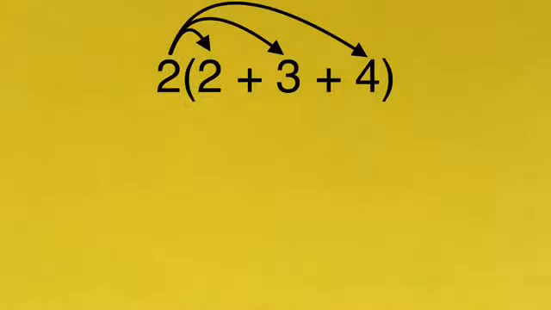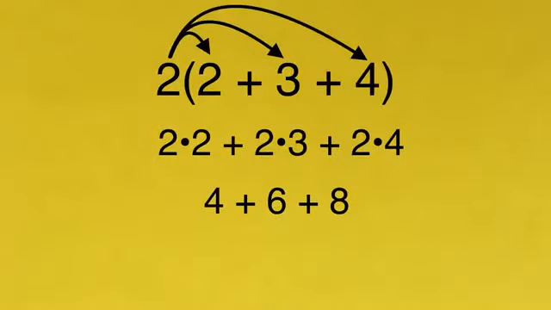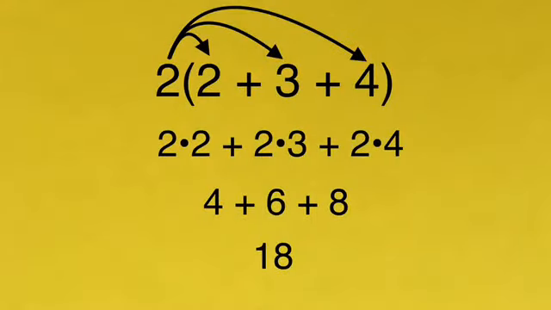We are going to give the 2 on the outside of the parentheses to all 3 terms on the inside of the parentheses using multiplication. We will multiply the 2 with the 2, the 2 with the 3, and the 2 with the 4, and then bring down any unused operations inside the parentheses. Following the order of operations, we get 4 plus 6 plus 8, which simplifies to 18.